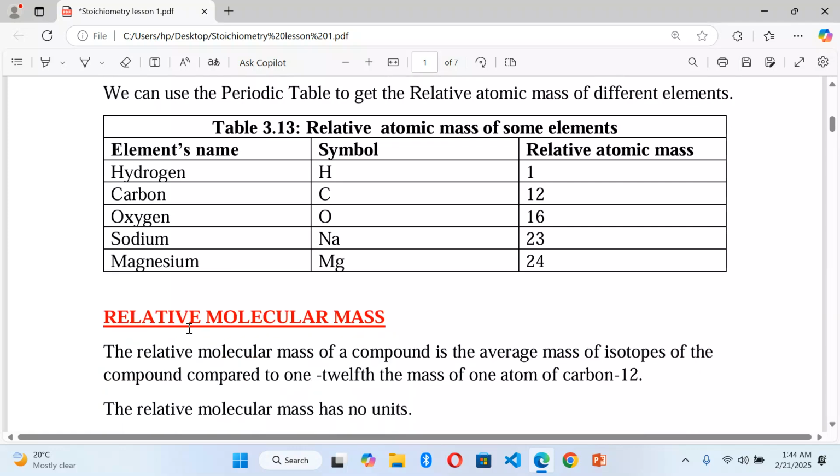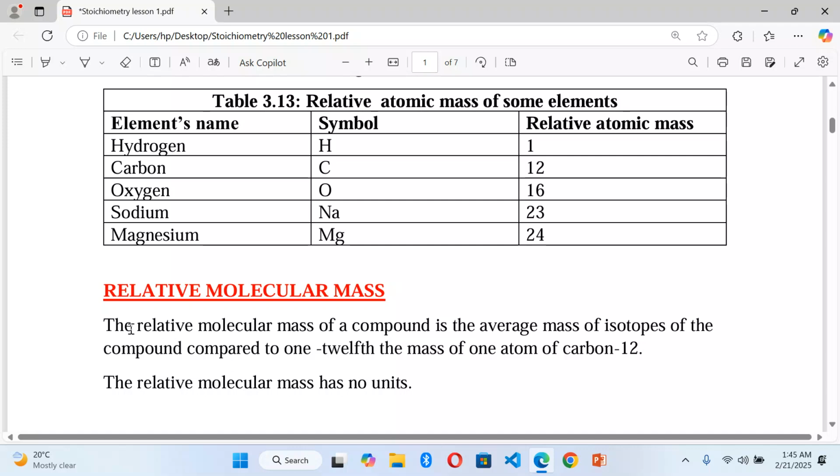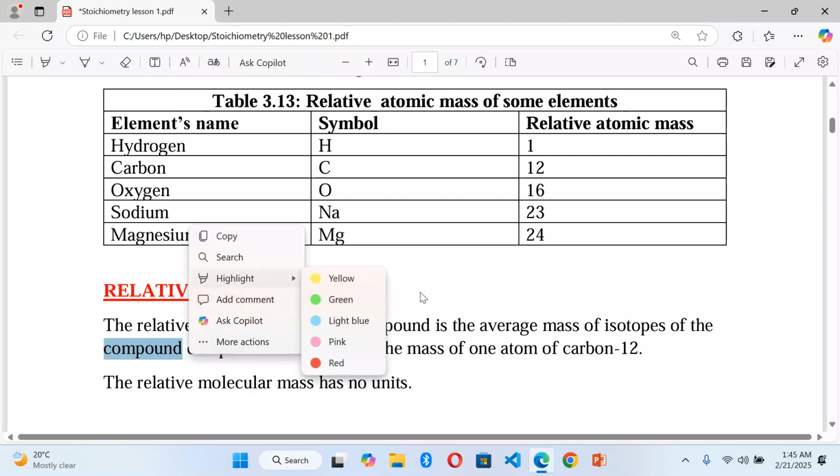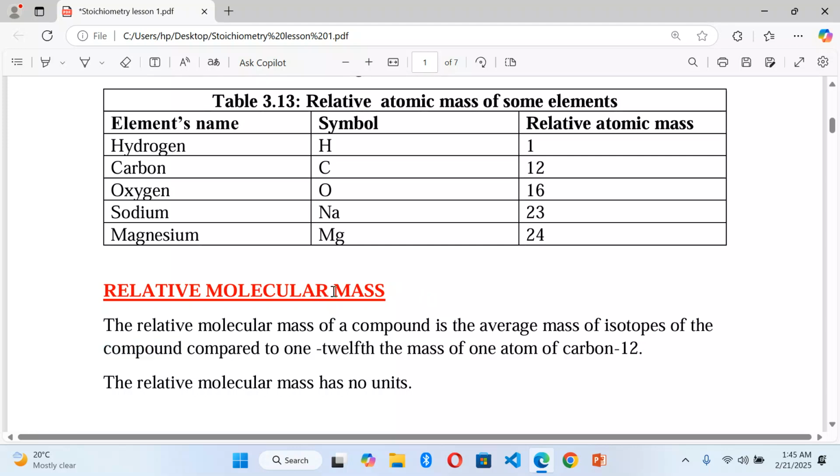Let's look at relative molecular mass. We are saying that the relative molecular mass of a compound is the average mass of isotopes of the compound. So the difference we can see here is that it is of the compound. We are looking at the molecular mass.